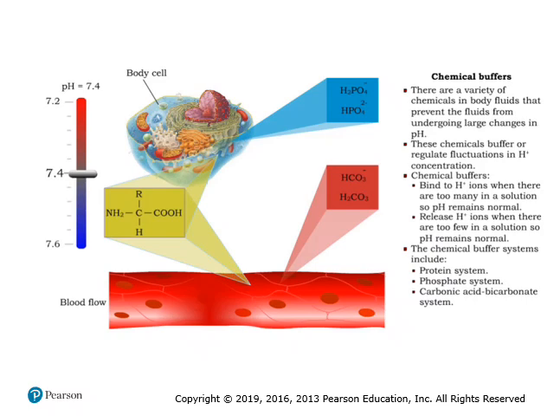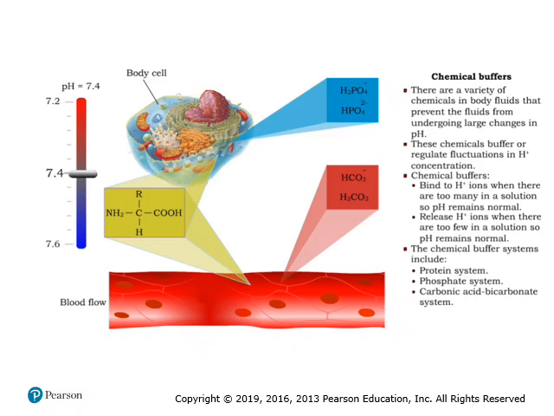The chemical buffers also release hydrogen ions when there are too few in a solution, so the pH remains normal. The chemical buffer systems would include the protein system, the phosphate system, and the carbonic acid bicarbonate system.